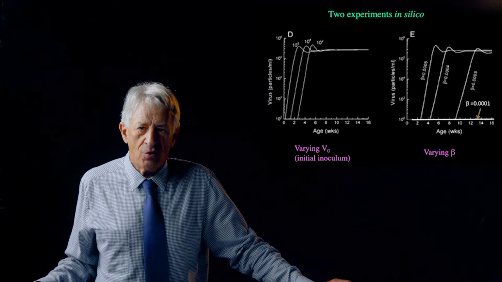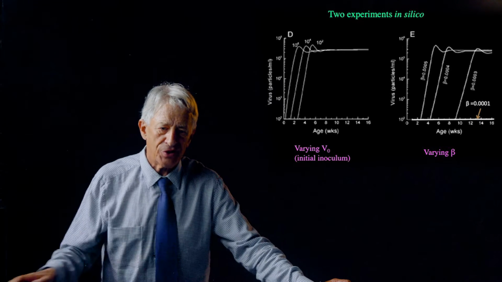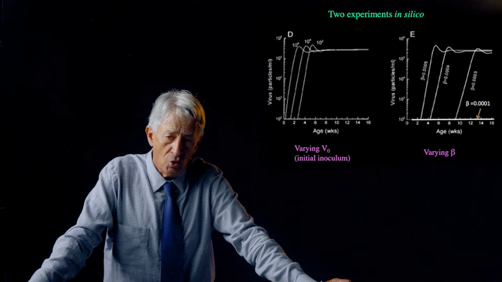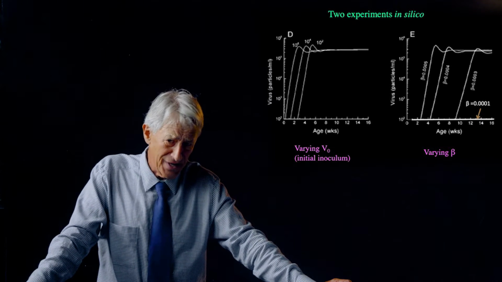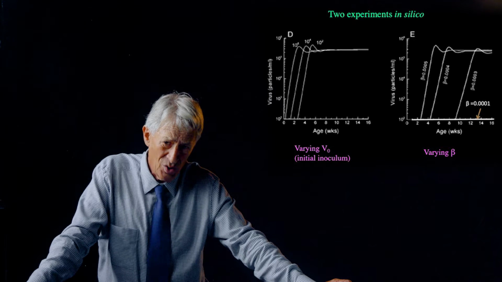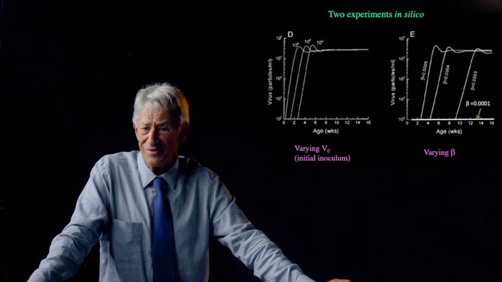So let's just ask a question. If you got 10 HIV cells injected into you, or 100 HIV cells, or 10,000 HIV cells, would that make a significant difference in the course of the disease?